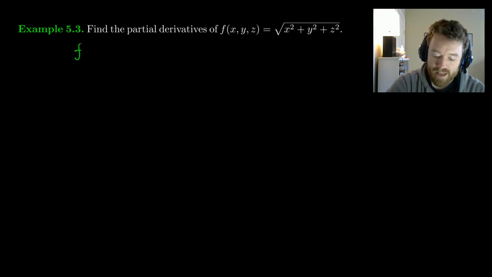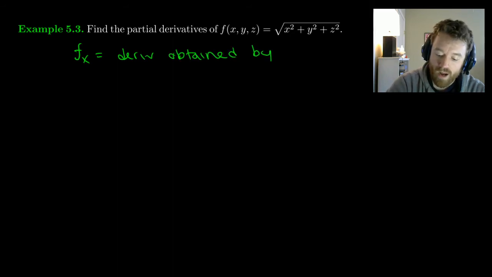So fx, fy, and fz. So fx is going to be the derivative obtained by holding y and z constant and differentiating with respect to x.